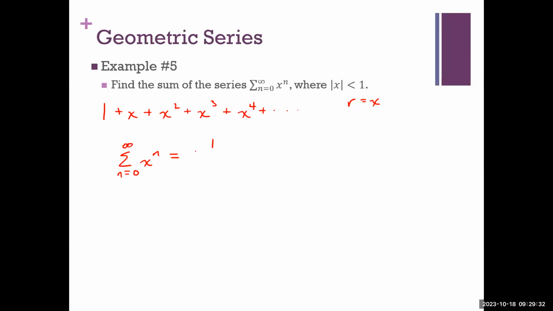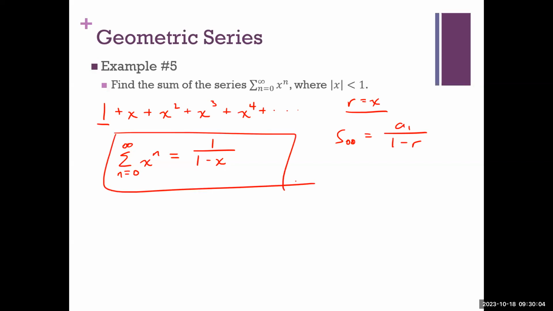Right. The sum of a geometric series has not changed. It's always the first term divided by 1 minus r. What's our first term? 1. And our common ratio, you already said, was x. So yes, this infinitely long series, as long as x is in that range, sums to 1 over 1 minus x.